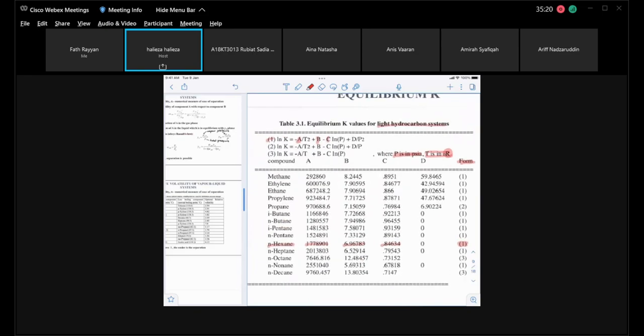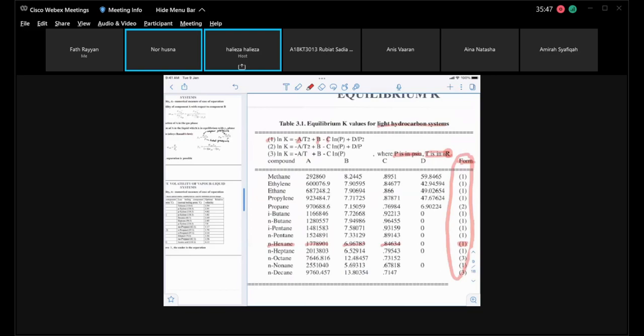Any questions so far? Doctor, there are two equations that use this. So which one must we use? There are two equations, right? ln K with D over P squared, or D over P. It depends on this column.